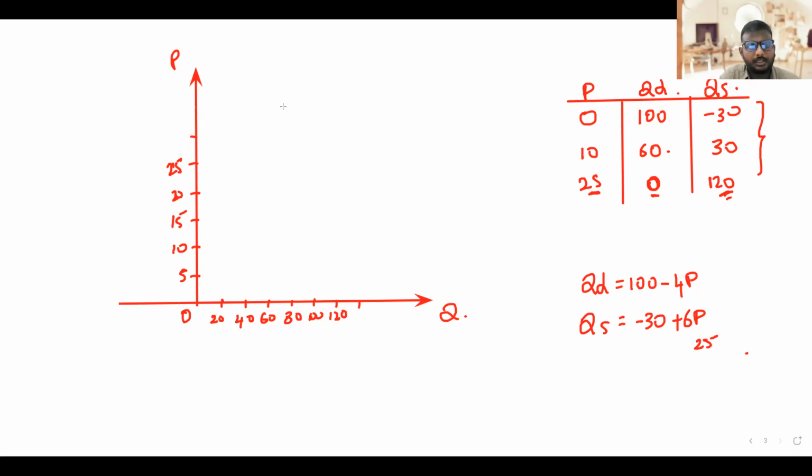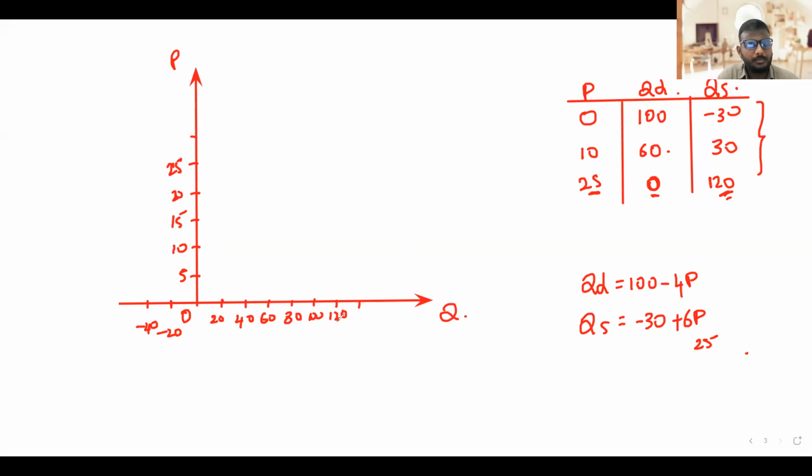Now I'm not going to draw the whole thing, it will take more time, so I'm just quickly going to skip. And on the negative side, we have to mark minus 30. So this is minus 20, this is minus 40, so right in the middle, you will have minus 30.